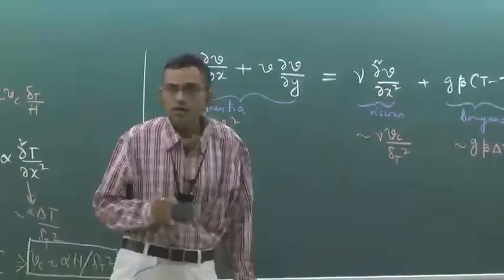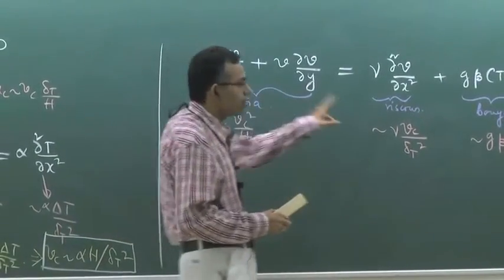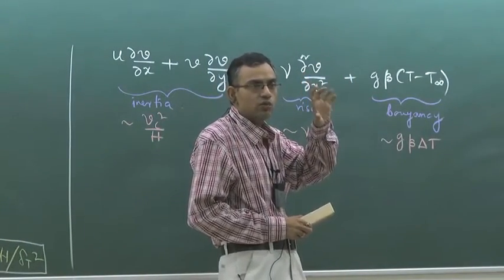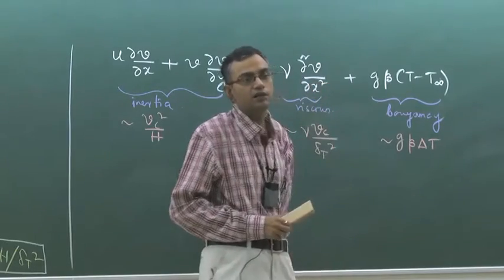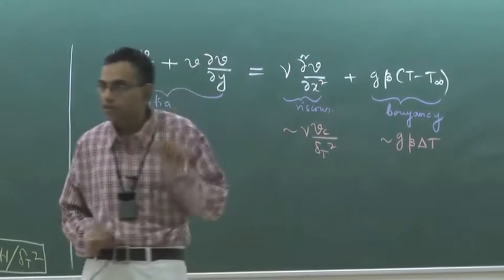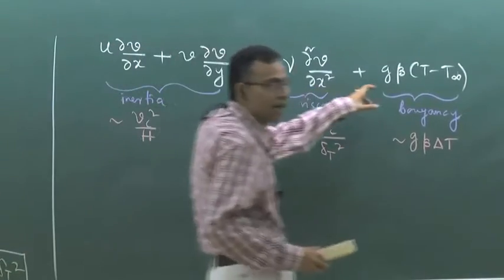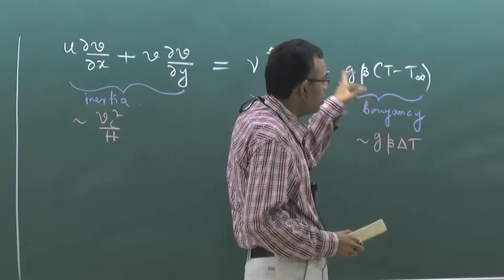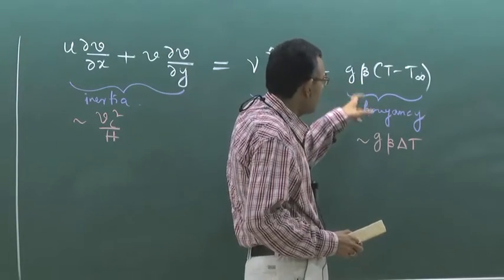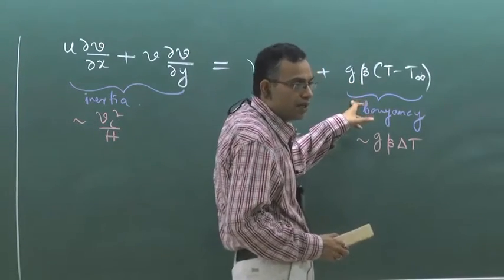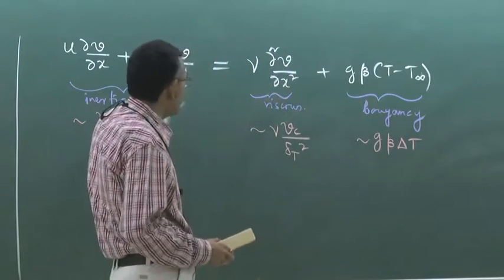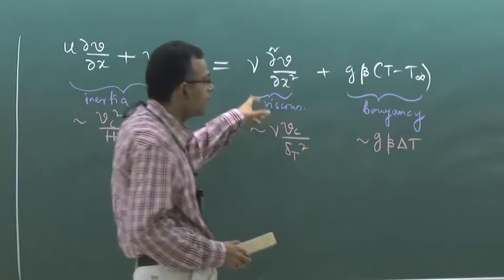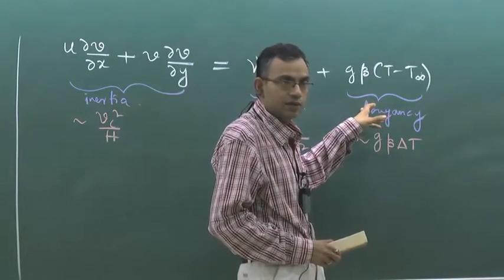Now, can you tell that out of these three forces there is at least one force which you expect to be important in natural convection? What is that? Buoyancy, because this force is the driving force for natural convection. Now, given that this force is an important parameter for natural convection, the question is out of the other two forces which one is dominating, because out of the other two forces whatever is dominating that will compete with this, right.